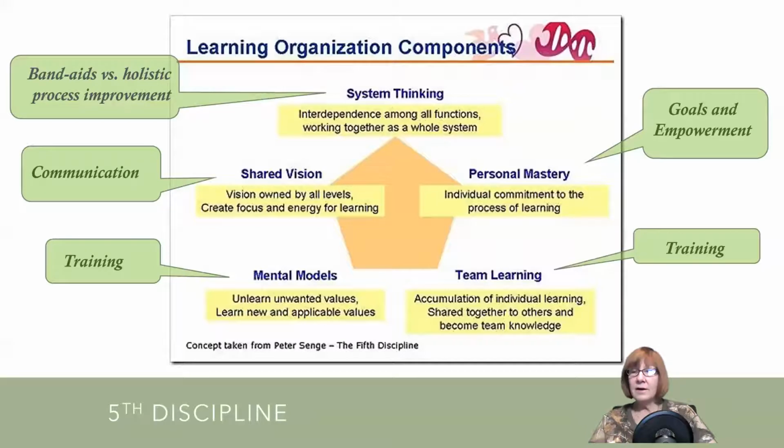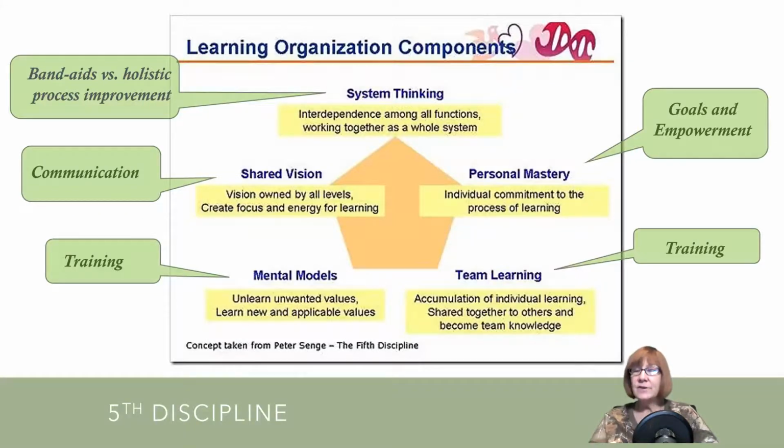So one of the systematic ways of continuous improvement comes out of the book from Peter Senge called The Fifth Discipline. That's the name of the book. And it is to create a learning organization. And believe me, you'll want to go ahead and read. There are a lot of short documents on the web, and we had some in our last class that talk about learning organizations, but this gives you an overview.